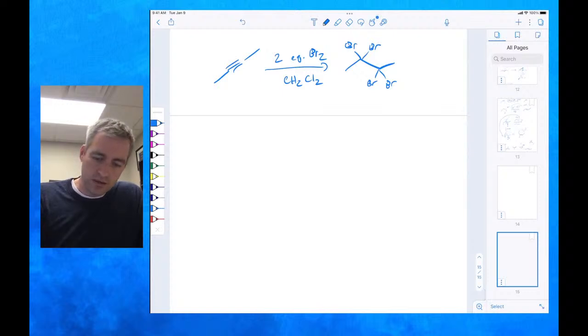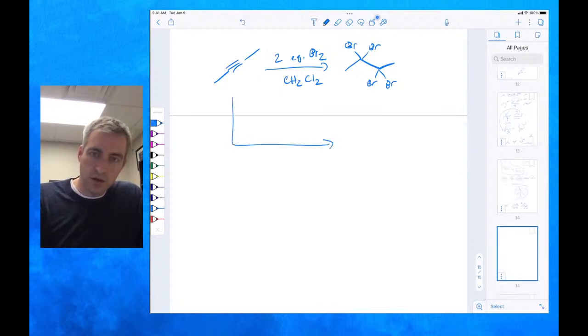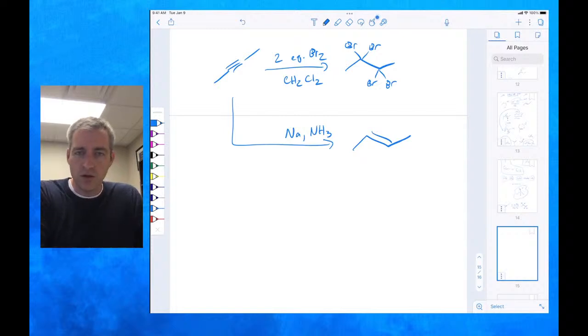The next one is the same molecule with NaNH3, that's the dissolving metal reduction. We'll make that molecule also achiral.